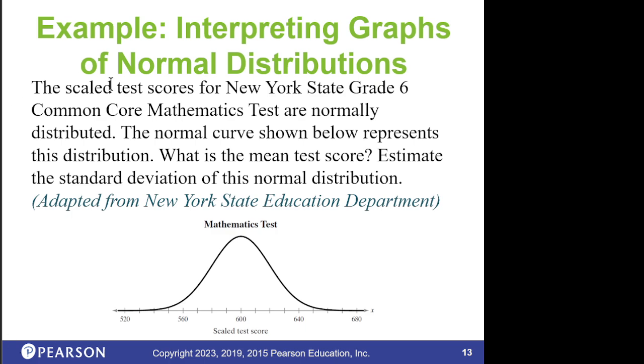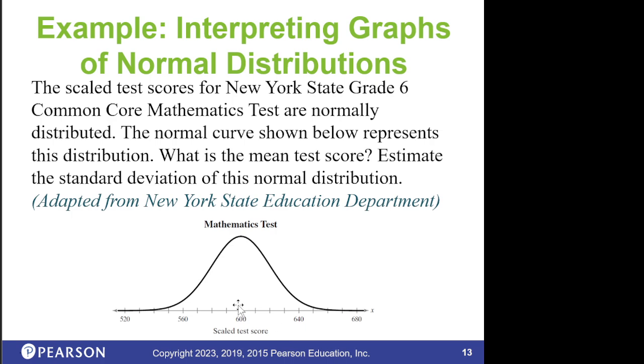So if we look at the test scores on a mathematical test for New York for grade 6, if we want to know what the mean is, we look here, and the mean is at 600. And if we want to find the standard deviation, we have to look for the inflection point. We have to estimate where the inflection point is.